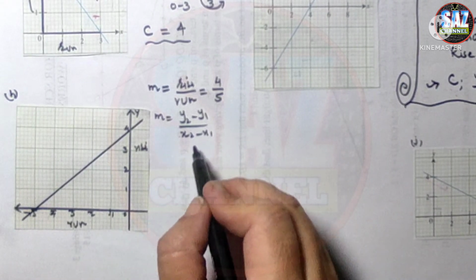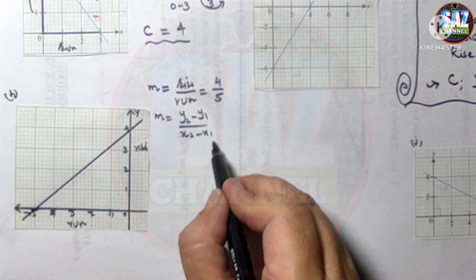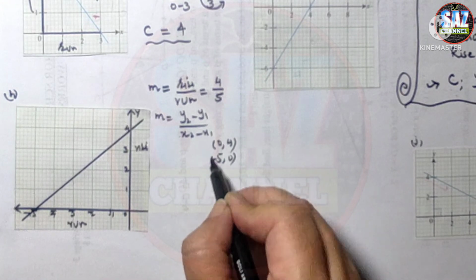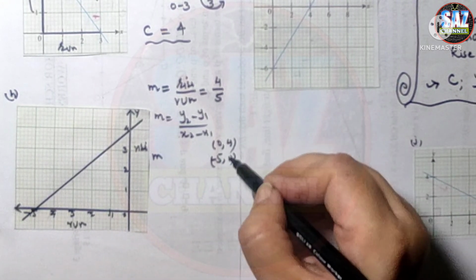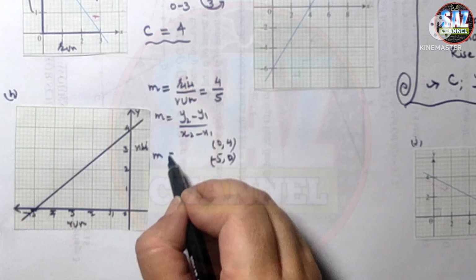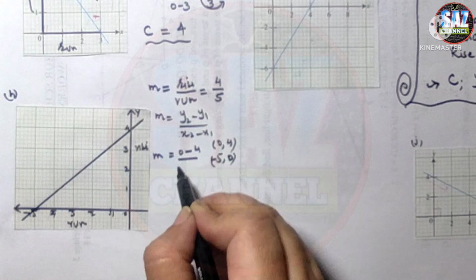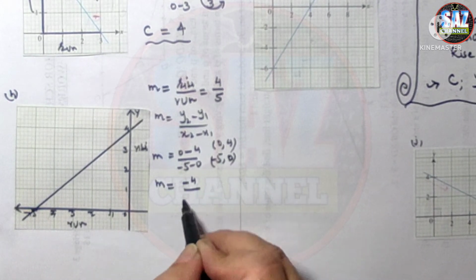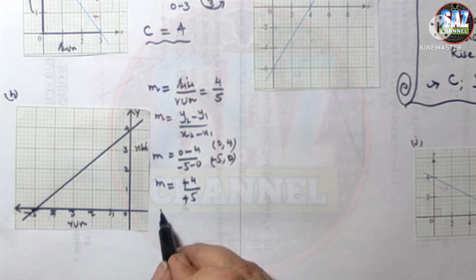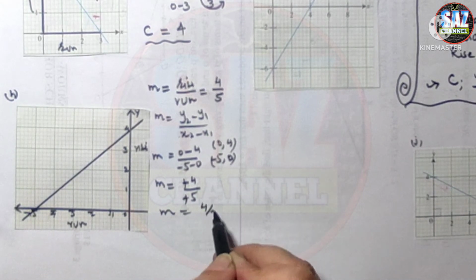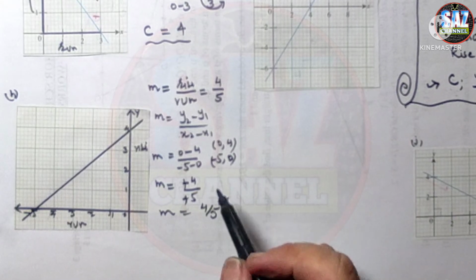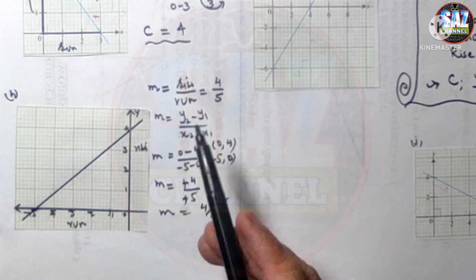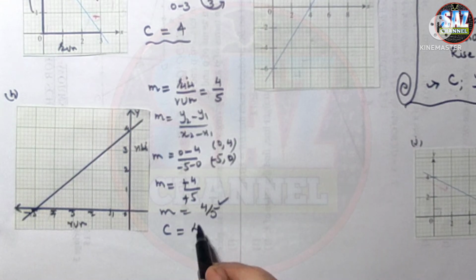Take any two points like I am taking 0 with 4 and minus 5 with 0, and y2, 0 minus 4 upon minus 5 minus 0, m equals minus 4 by minus 5, so m equals 4 by 5. Okay, and C, what is C? C, the y-intercept, the place where your line meets the y-axis. So C of this question is 4.